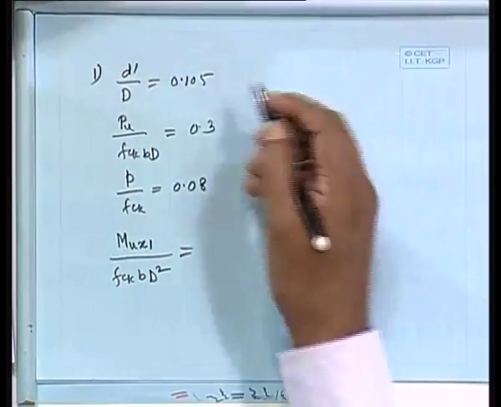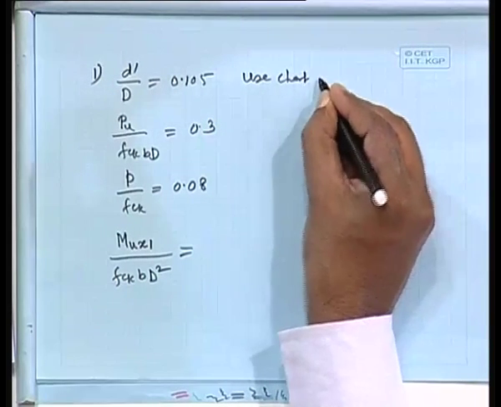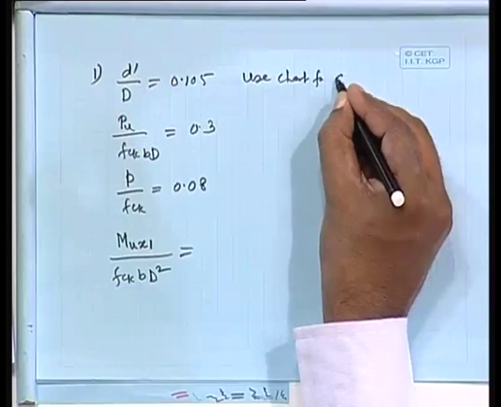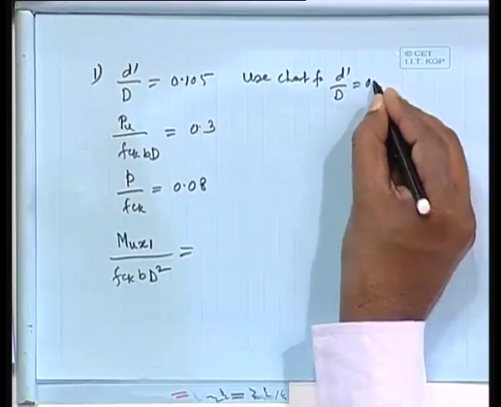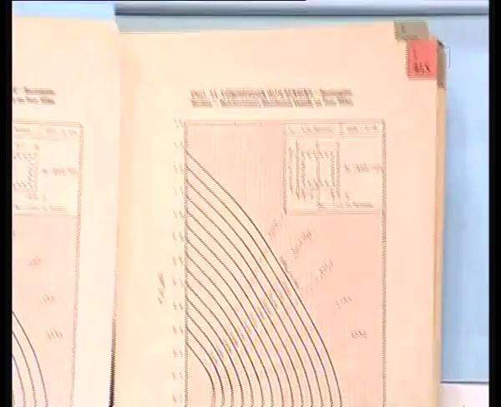If that be the case, d dash by D equal to 0.105, use the chart for d dash by D equal to 0.1. That one comes in chart 44.